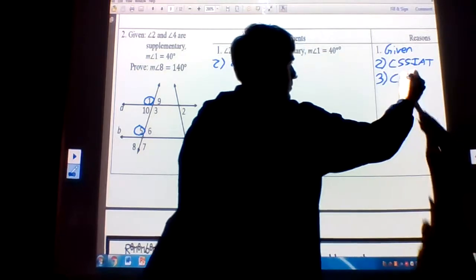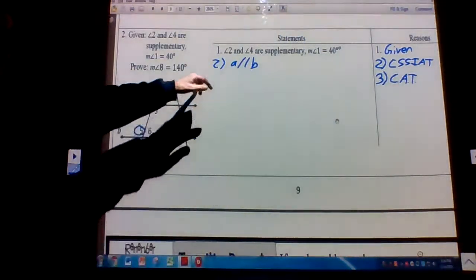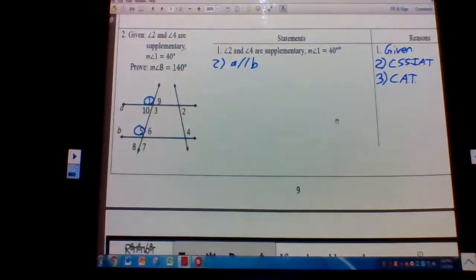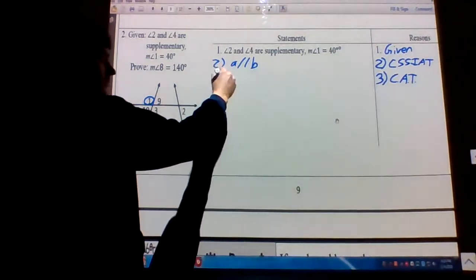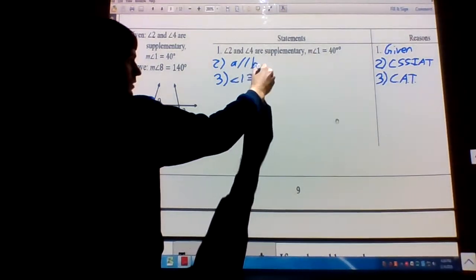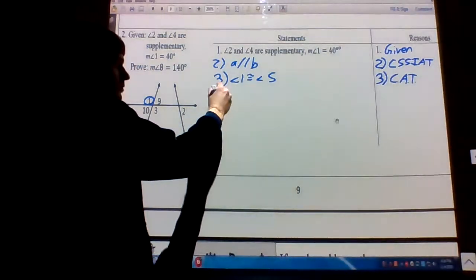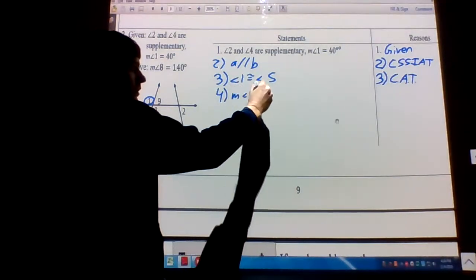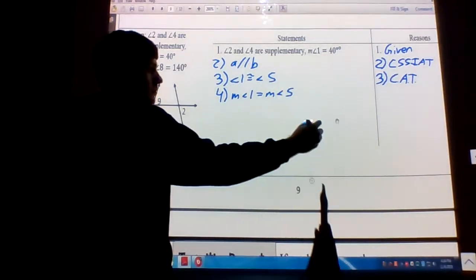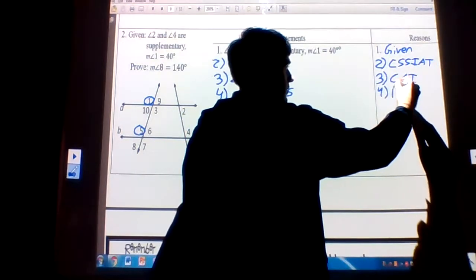We know if the lines are parallel, and we've just shown that they are parallel, the corresponding angles are congruent. So we're going to say angle 1 is congruent to angle 5. Well, we know if angles are congruent, their measures are equal. So we know the measure of angle 1 equals the measure of angle 5 by the definition of congruent.